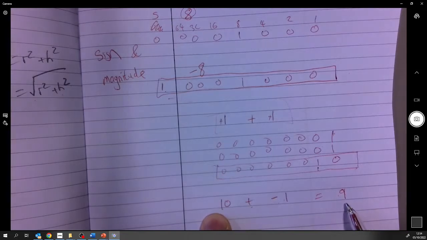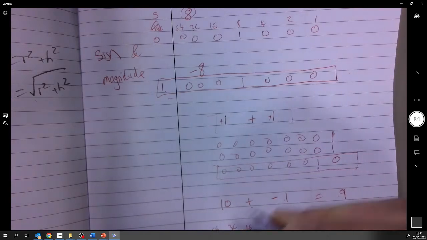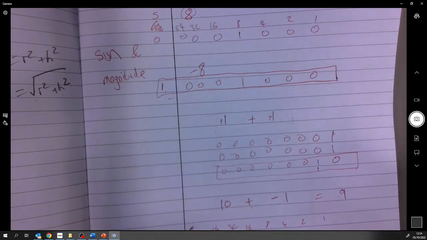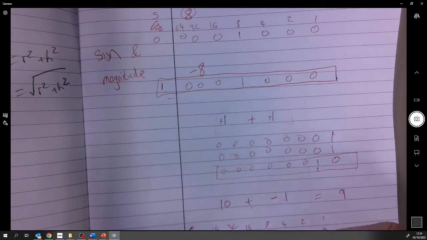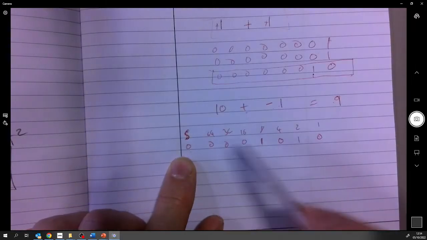Let's do it with sign and magnitude. 10. Well, let's think. 1, 2, 4, 8, 16, 32, 64, 128. No, just a sign. So 10 is 8 plus 2. That's a positive number. So the sign bit, you can't see what I'm writing, sorry. The sign bit is a 0. 8 plus 2.